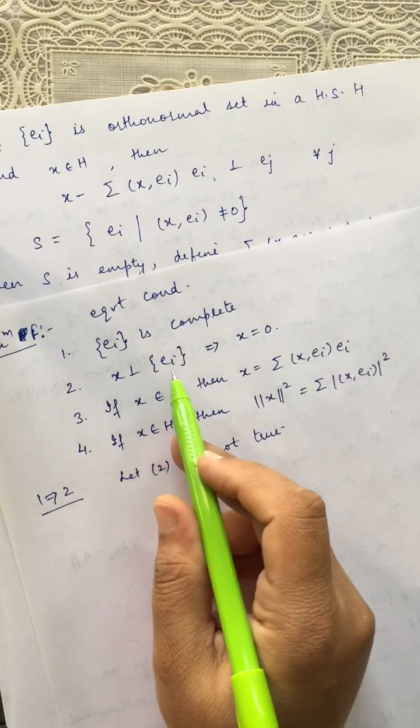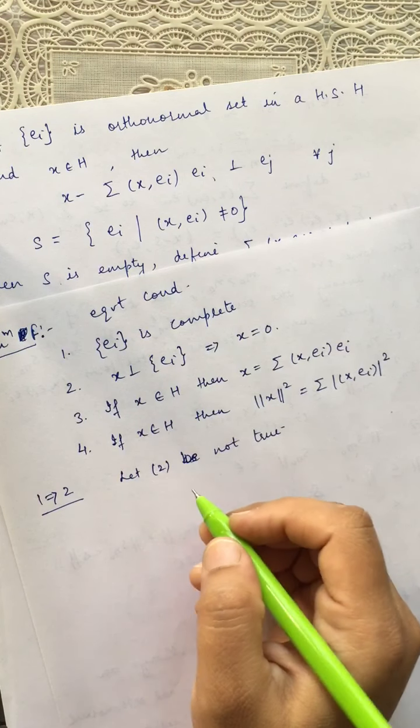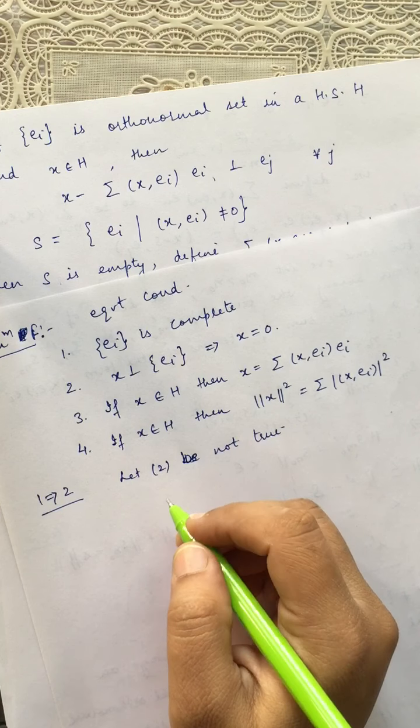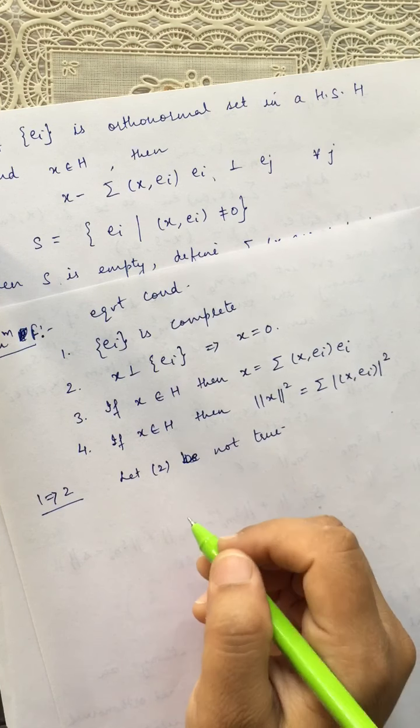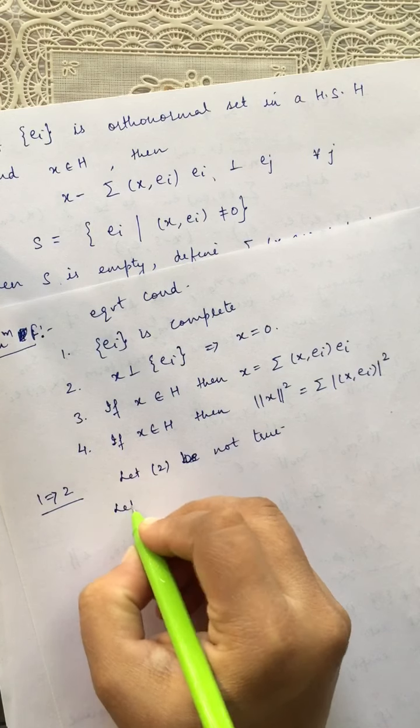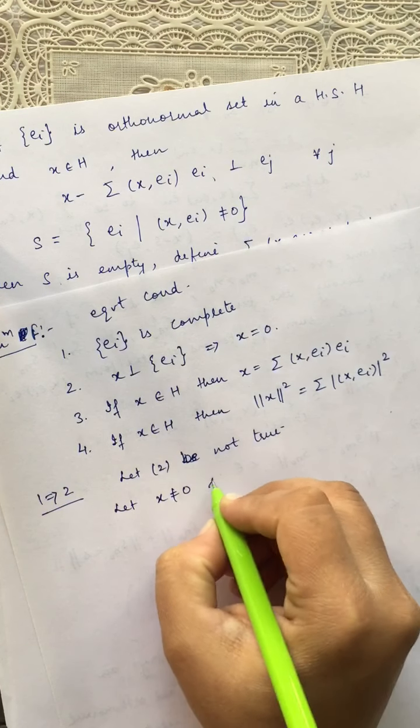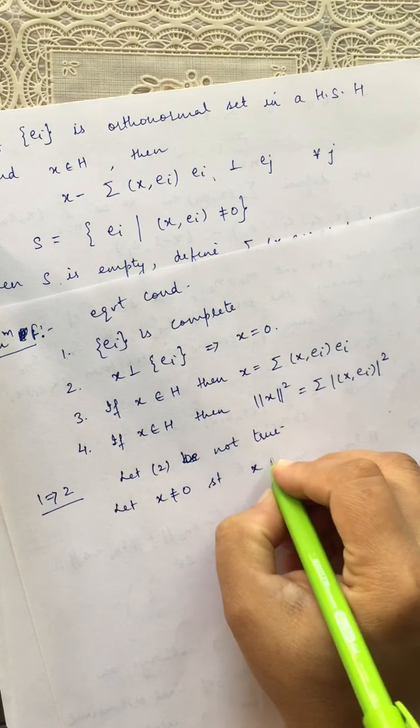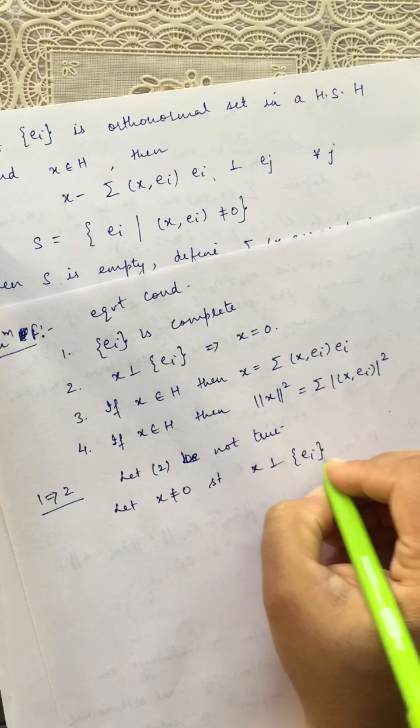So we are saying if X is perpendicular to EI, then X is 0. So suppose there exists a vector which is non-zero and which is perpendicular to EI. So let X be a non-zero vector in H such that X is perpendicular to EI.